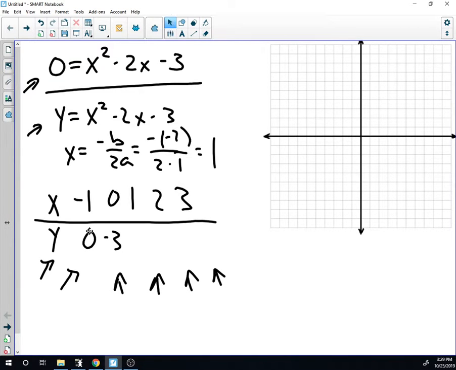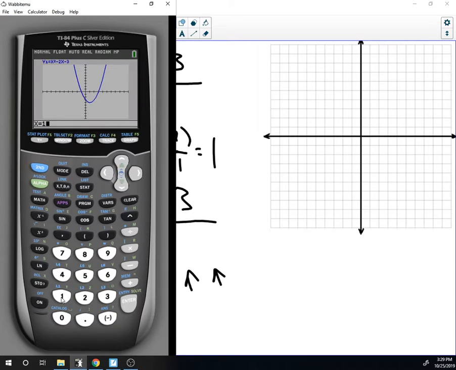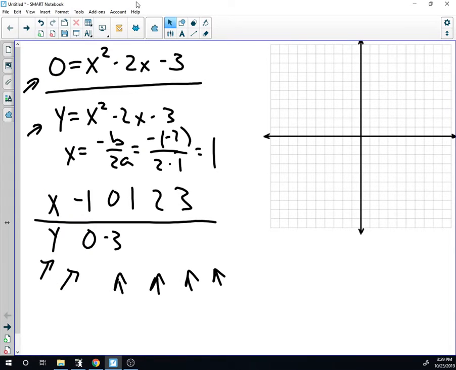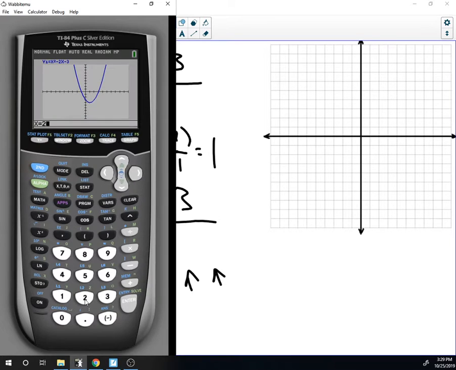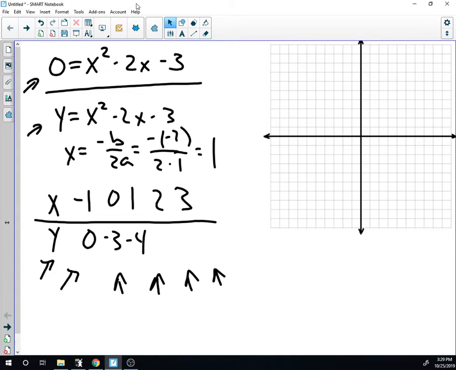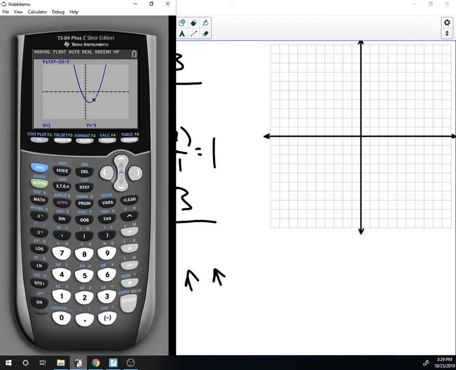When x is 1, y is negative 4. When x is 2, y is negative 3. And when x is 3, y is 0.